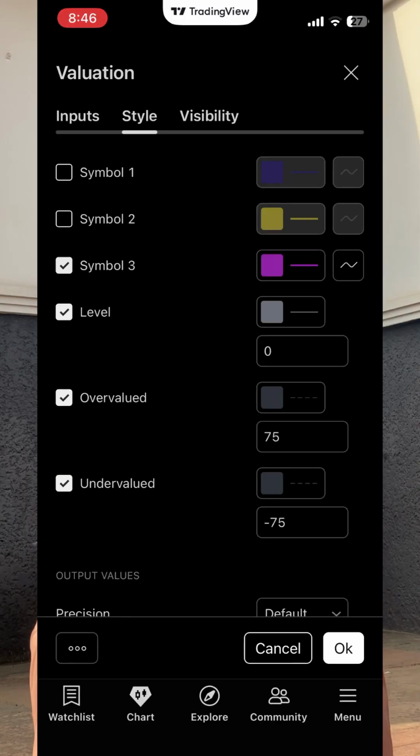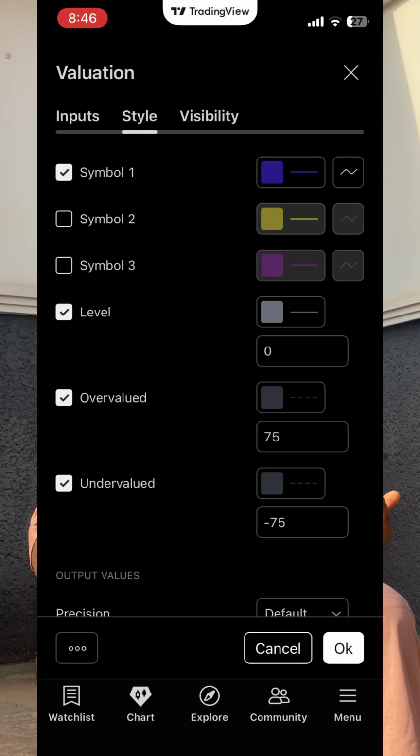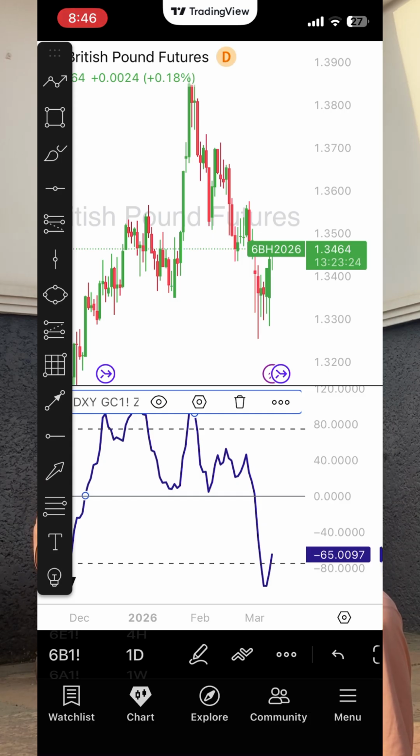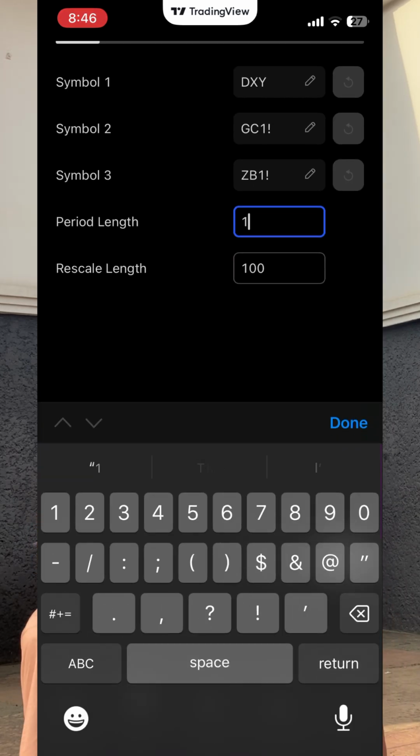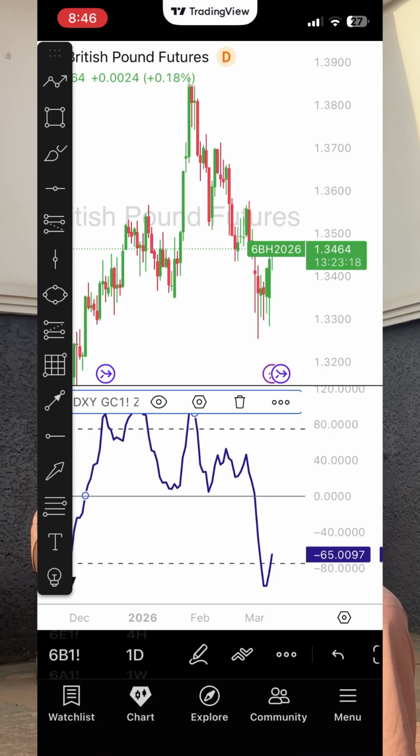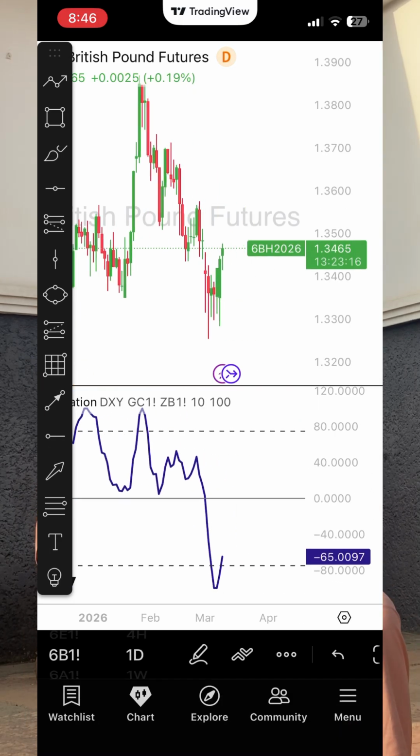So to look at value, whenever we're looking at currencies, we look at the valuation against the dollar, and the short-term valuation is usually a 10 ROC length, compared to when we are looking at stocks or indices, where we look at valuation against the bond market or interest rate, whatever you want to call it.